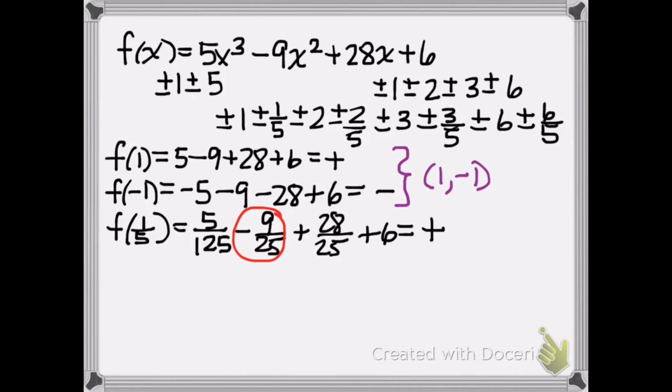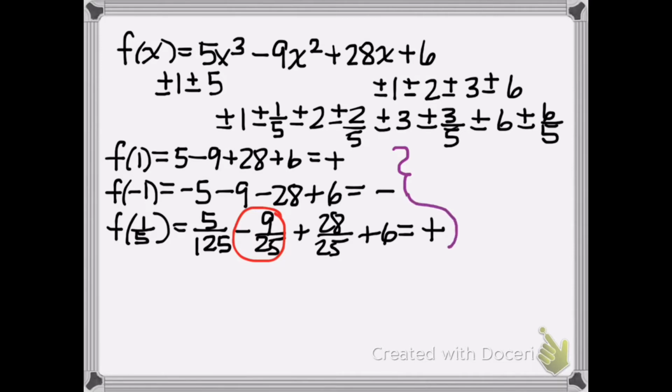What does that tell us about our intermediate value theorem at this point? I've got a positive value at 1/5. I've got a positive value at 1, and then a negative value at negative 1. So this narrowed it down. Let's continue this. It might be interesting to look at. I will go in here and include this other value here.